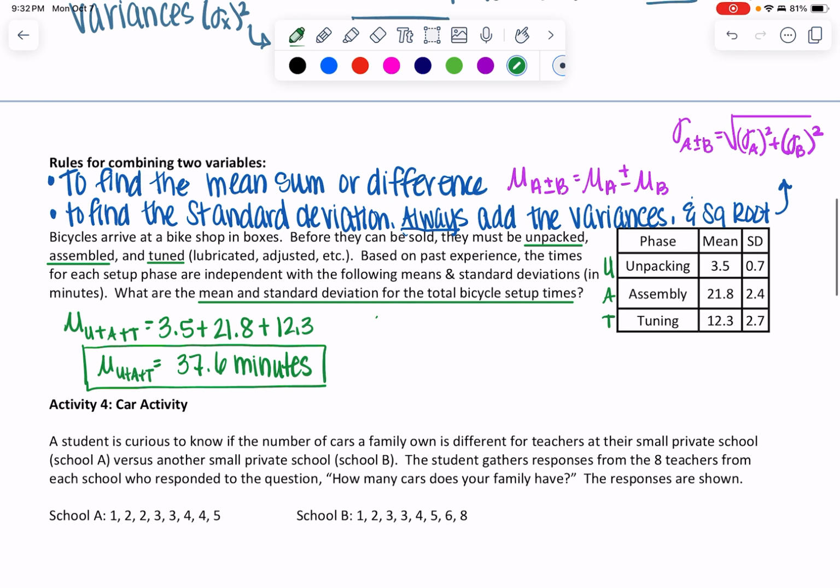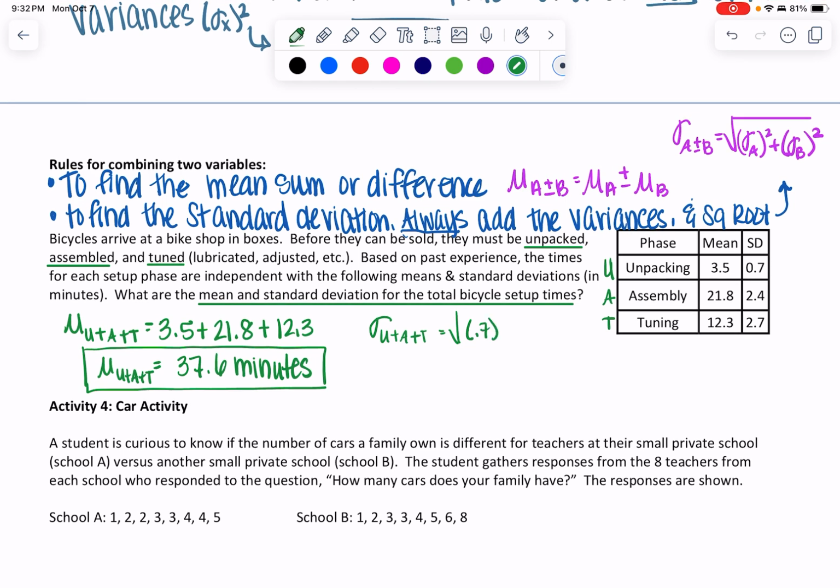So the second half, we're going to do standard deviation of U plus A plus T. So that is the square root of the standard deviation of 0.7 squared plus 2.4 squared plus, I'm going to run out of room, 2.7 squared.